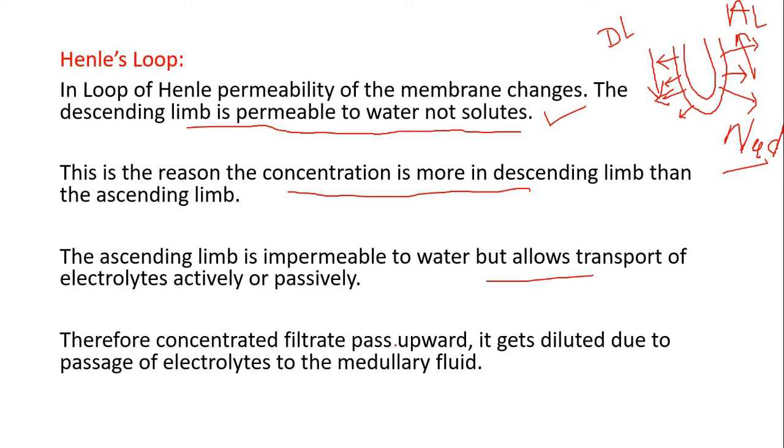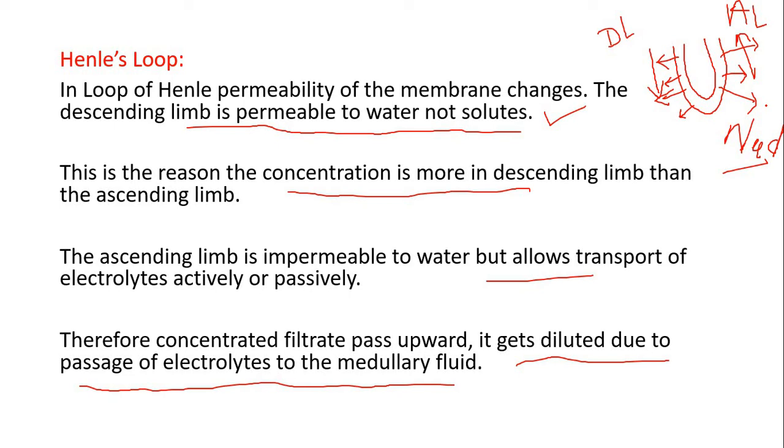Therefore the concentrated filtrate, as it passes up, gets diluted due to passage of electrolytes to the medullary fluid. The concentrated solutes from the descending limb, when they enter the ascending limb, become diluted, because here the solutes leave the ascending limb and the water concentration is more.